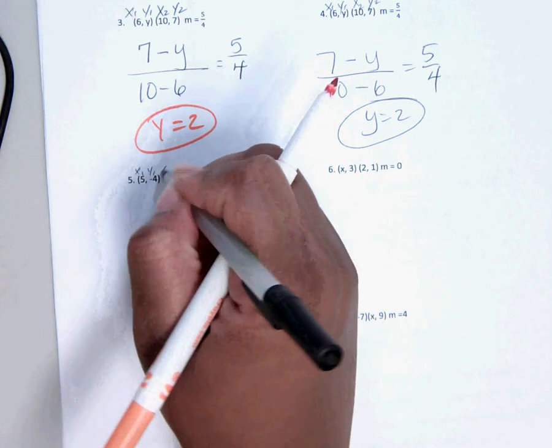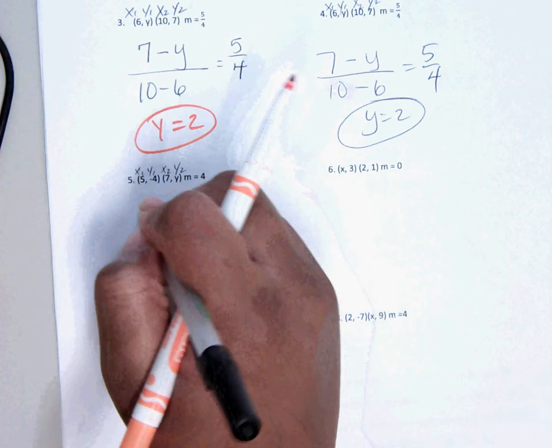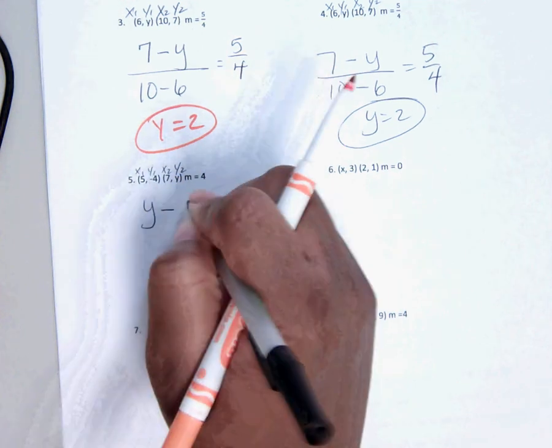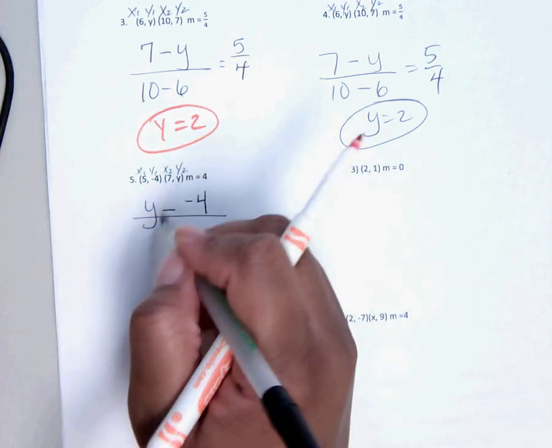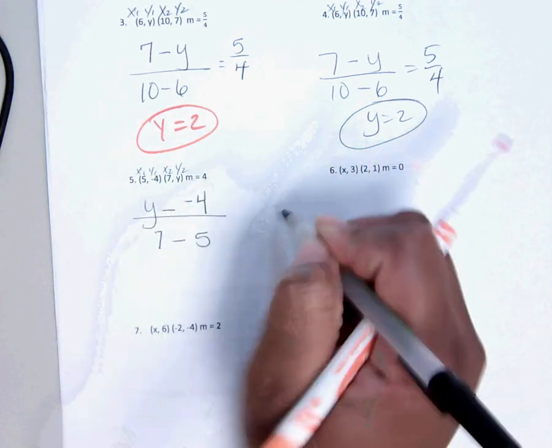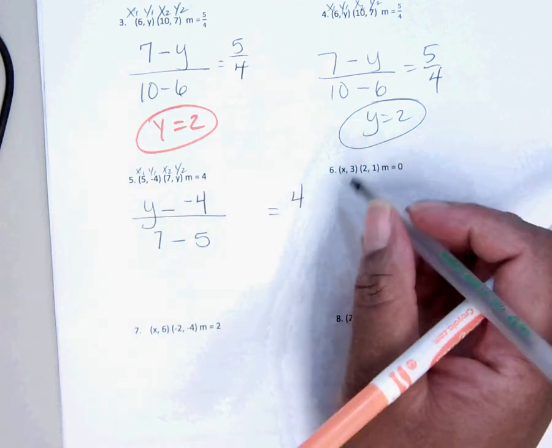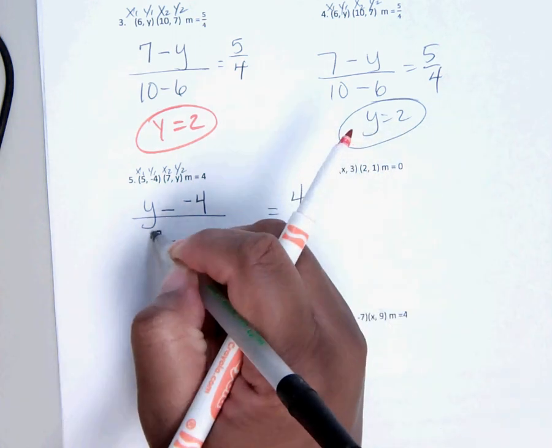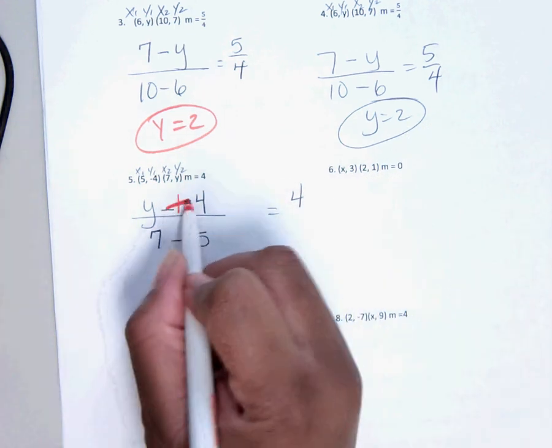x1, y1, x2, y2. So that is going to be y minus, be careful, negative 4 all over 7 minus 5. It needs to equal 4. I don't know about that. This one looks difficult. Well, I know that this is a plus sign.